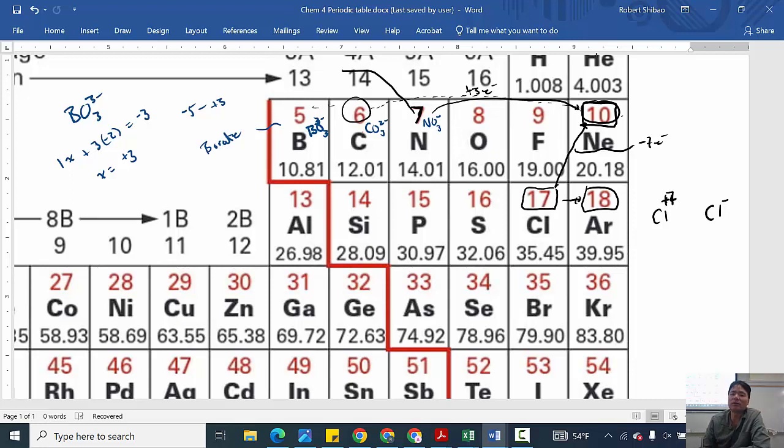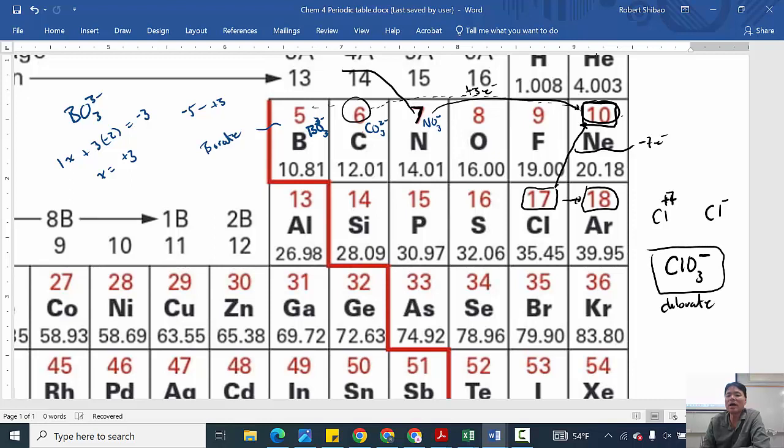Tell me the formula for chlorate. ClO3. Charge? +1 or -1? This is chlorate here.